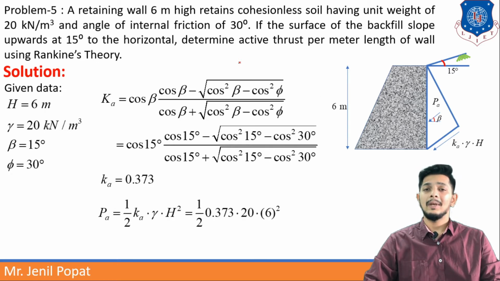So PA, the active earth pressure force, will be 1/2 Ka gamma into H square. So 1/2 into Ka into gamma into H square, putting all the values, H equal to 6, gamma 20 and K as 0.373, I am getting PA, the pressure force, as 134.28 kilonewton per meter. So it is very easy if you understand every theory.